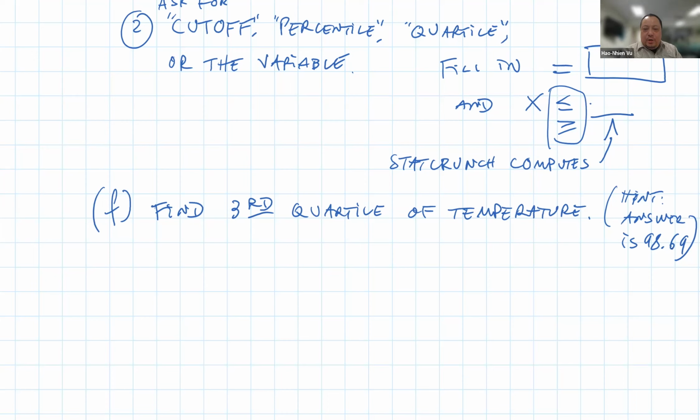I'm not sure how you got 0.251, because the third quartile, when people talk about quartile or percentile, they're looking for the variable value, which in this case is the temperature.